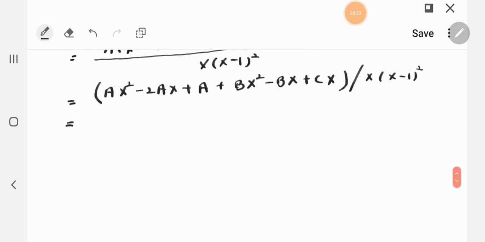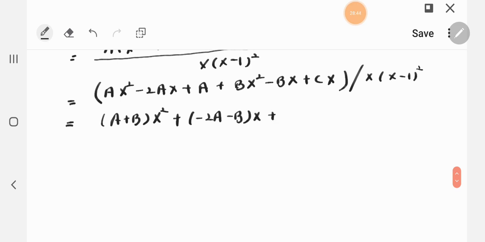Then this is equal to, and then let's combine the like terms. So the coefficient of x squared will be a plus b x squared. Okay, the coefficient of x will be negative 2a minus b x.